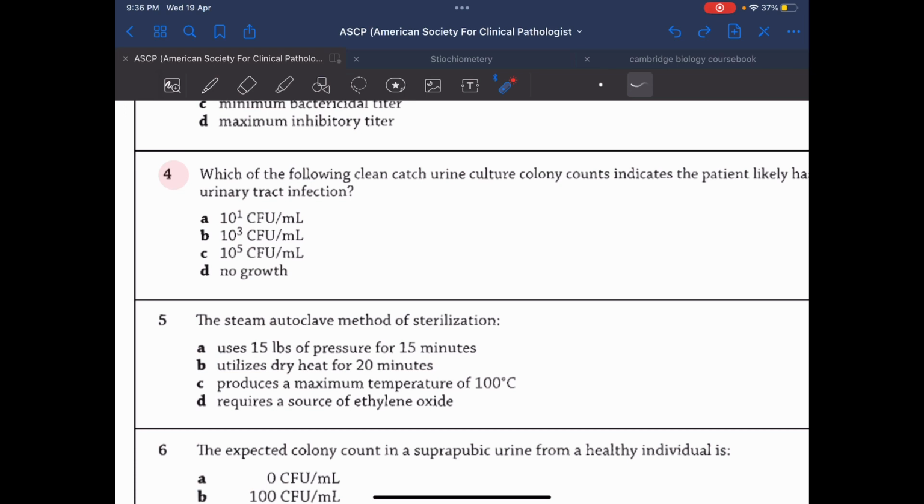This means 10 to the power 5 bacteria per ml of urine in the bladder. However, one third of young women with symptomatic cystitis have less than 100,000 bacteria per ml of urine. The Infectious Disease Society of America definition of cystitis is greater than or equal to 1,000 colony forming units per ml of a uropathogen. So the correct answer is B.